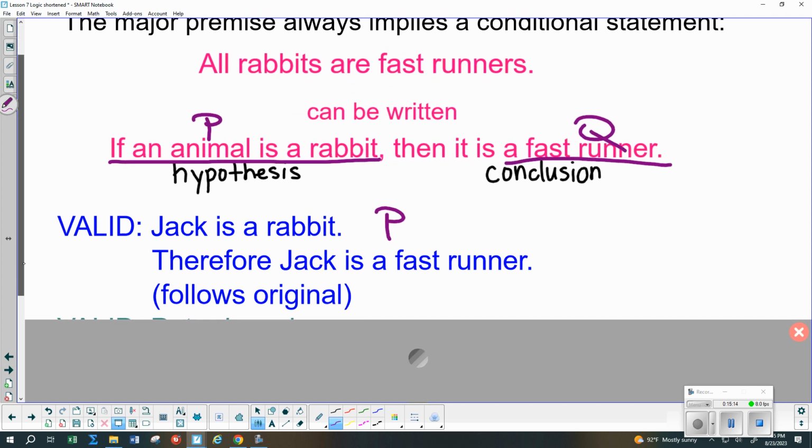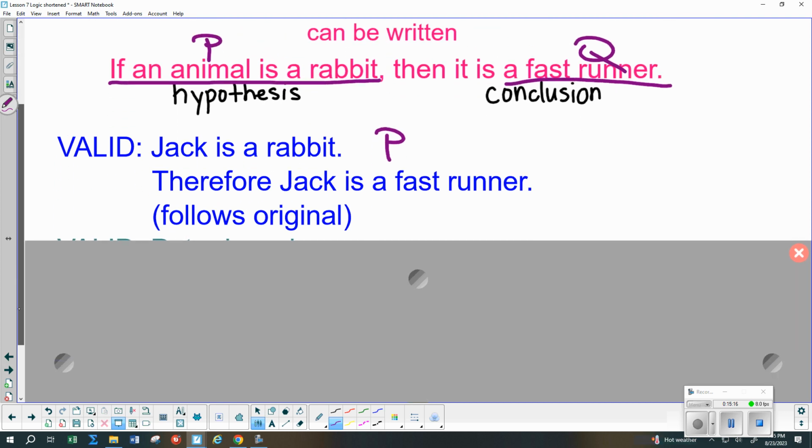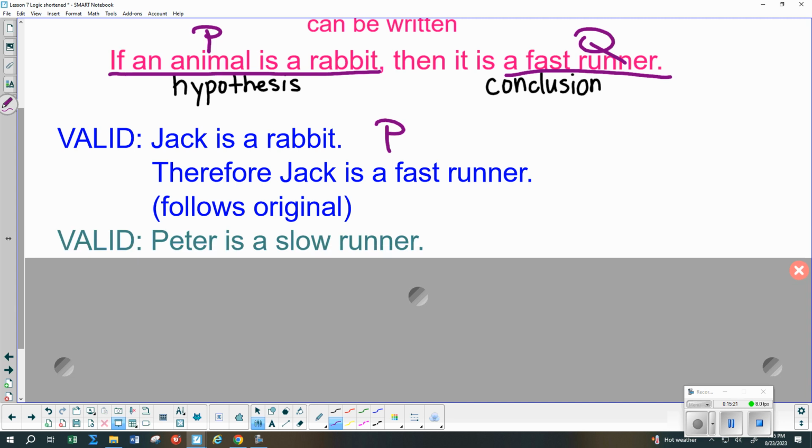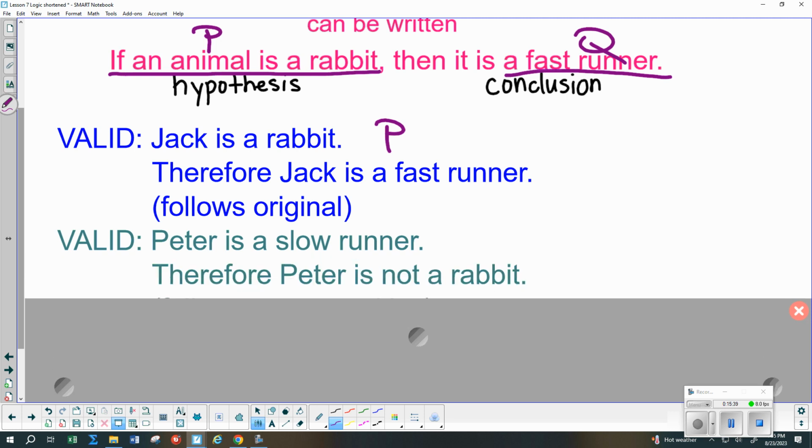Okay, what if the book had, if it's a rabbit, then it's a fast runner. Next was Peter is a slow runner. Can we come up with a valid conclusion for that? Is this one like last year, or is this one of the other ones that we've talked about that can be new? What are you thinking, Addie? Therefore, Peter is not a rabbit.